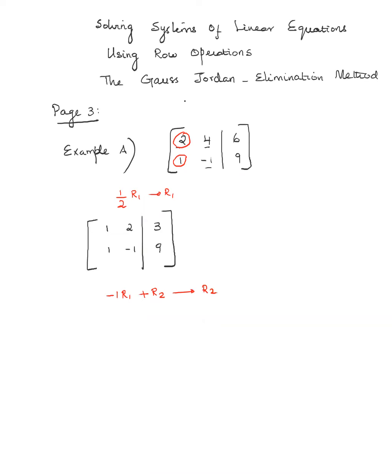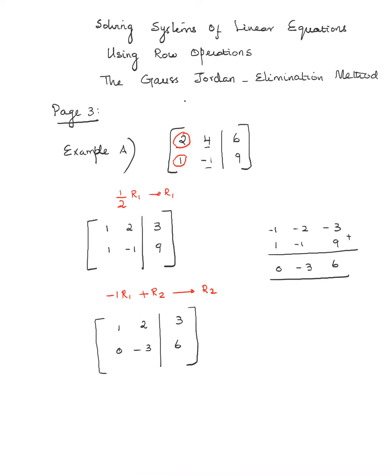So when we do that, you multiply the row 1 by -1, so that gives -1, -2, -3, and then you add with row 2. So when we add them, we get 0, -3, and 6. So you put this answer here, 0, -3, 6.